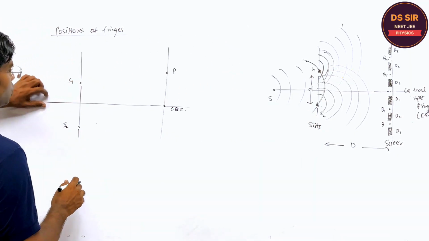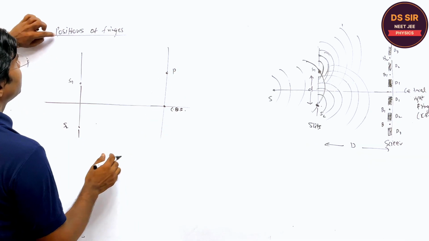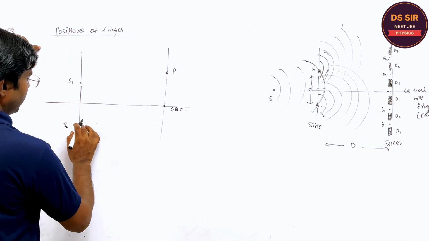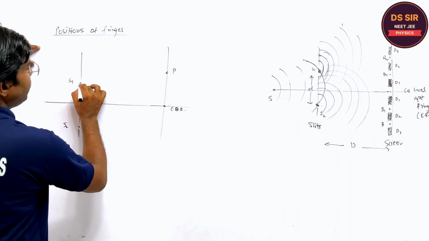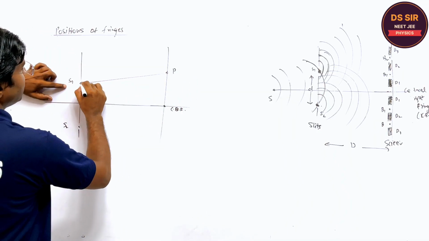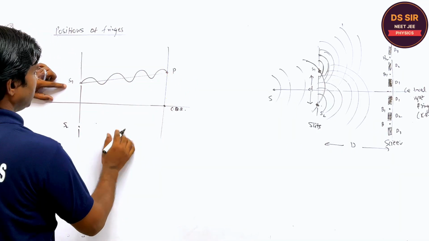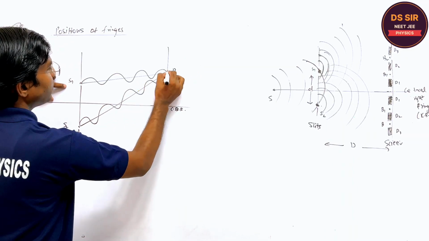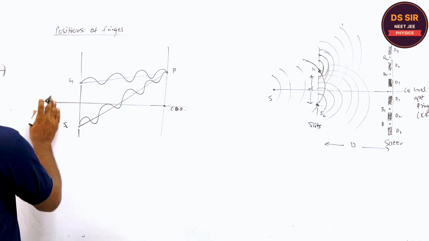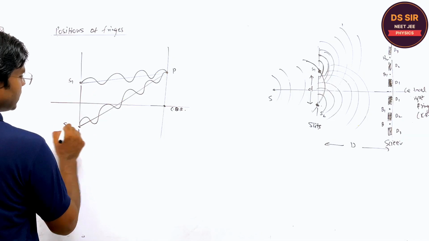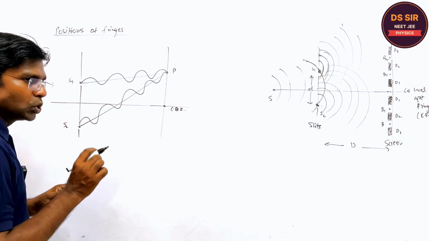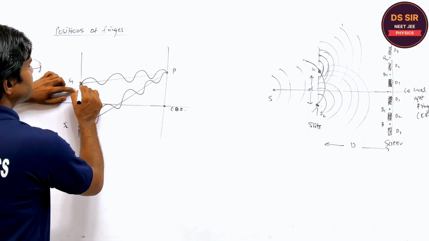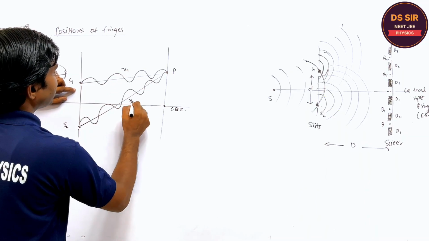To find the position of the bright or dark fringes, first listen to one thing. One wave reaches from S1, and another wave reaches from S2 like this. S1 and S2 are two sources whose frequency and phase difference are the same, but this is the path x1 and this is the path x2.